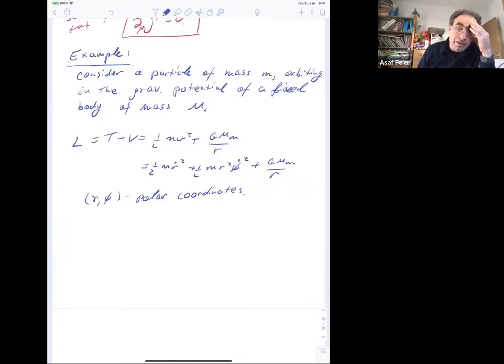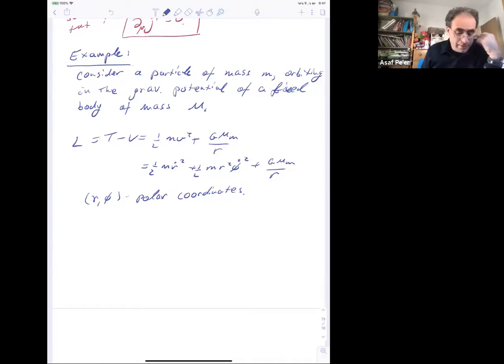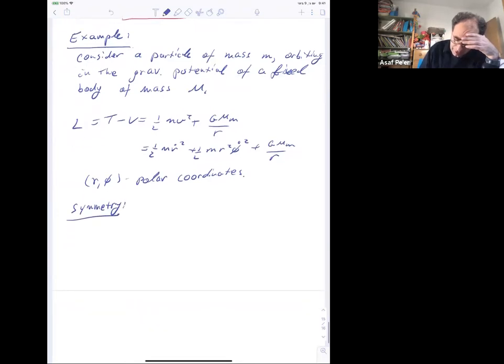Now, is there any symmetry of the Lagrangian that you're seeing here? There should be a symmetry in phi. Exactly. The Lagrangian is independent of phi. That's important to look at.